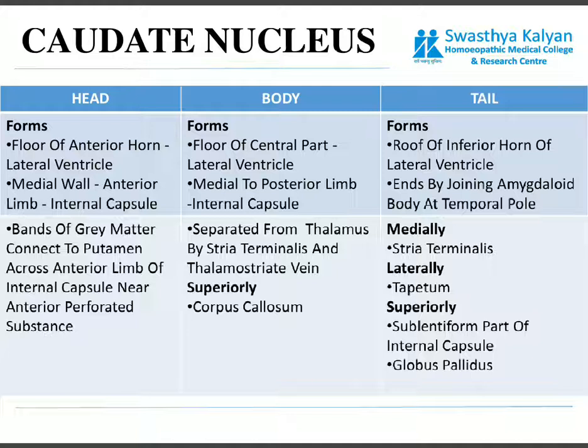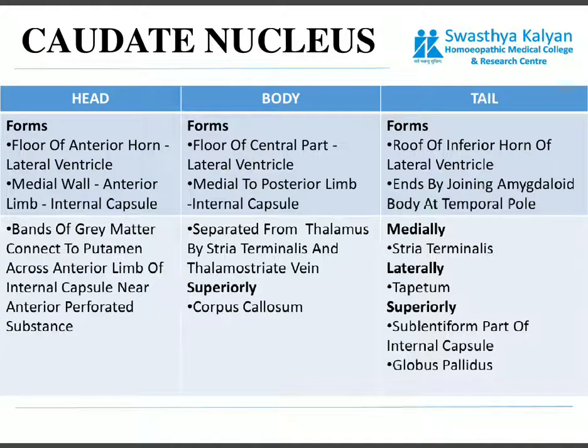It is medial to the posterior limb of the internal capsule, and it is separated from the thalamus by the stria terminalis and thalamostriate vein, and superiorly it is related with the corpus callosum. The tail forms the roof of the inferior horn of the lateral ventricle. It joins the amygdaloid body at the temporal pole as it ends.